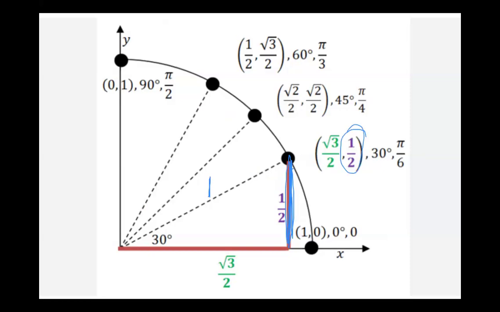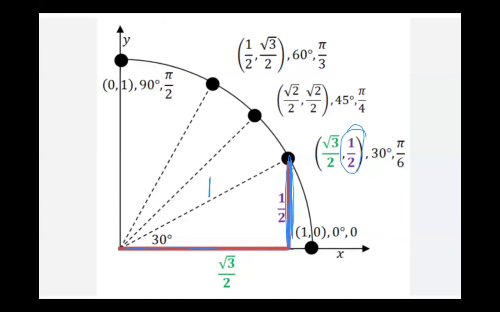And then this one is the square root of 3 over 2. So it's the short leg times the square root of 3. So the long leg is always going to be the short leg times the square root of 3.